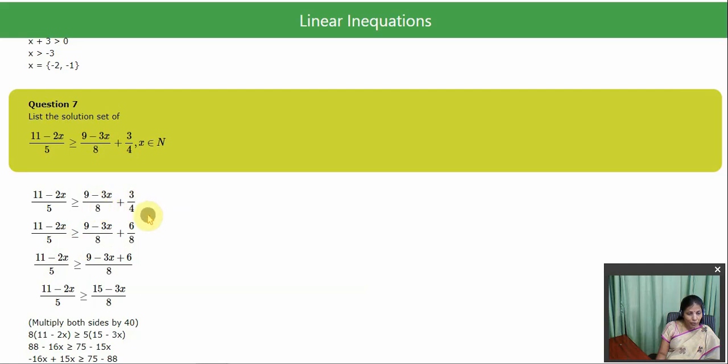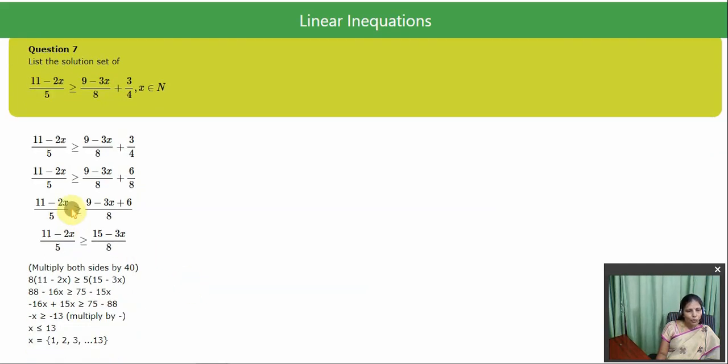When can we add both the fractions? Only when we have like fractions. So I made this denominator the same as 8 by multiplying both numerator and denominator by 2. So I got 6/8. Now we can add both the fractions: (9 - 3x + 6)/8.